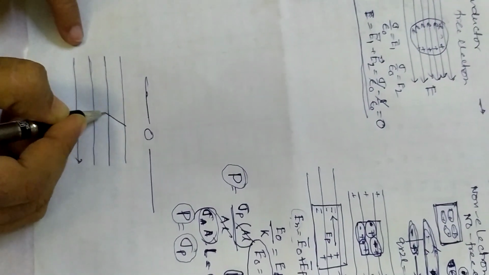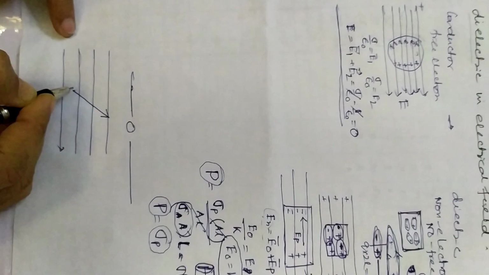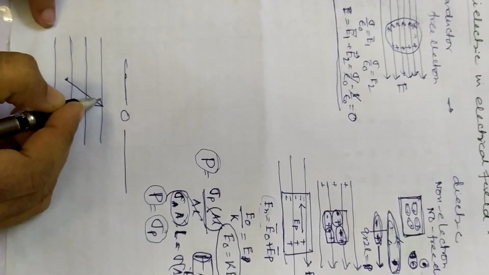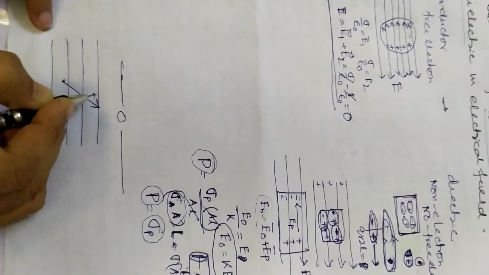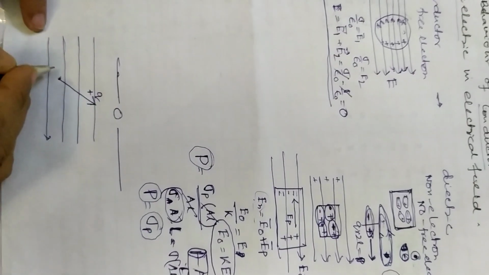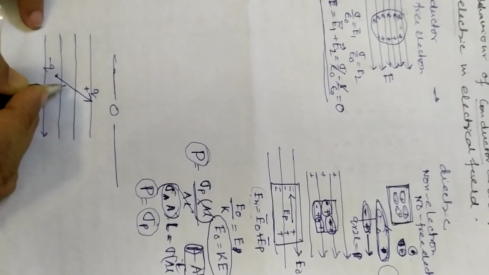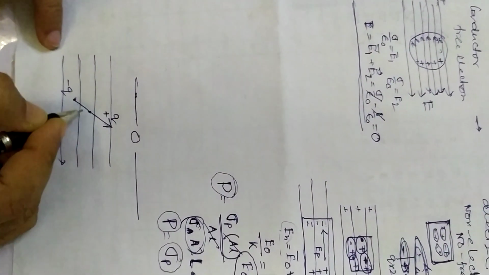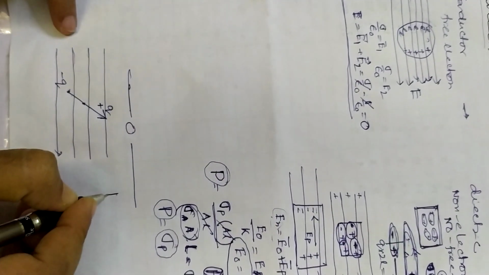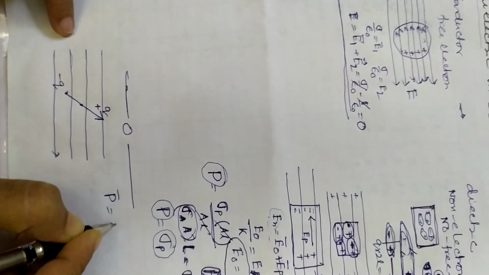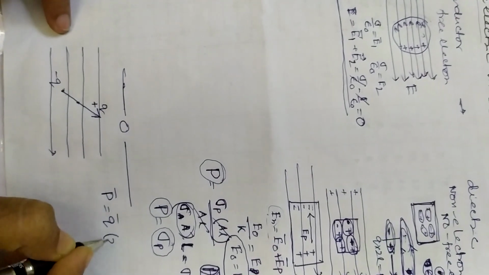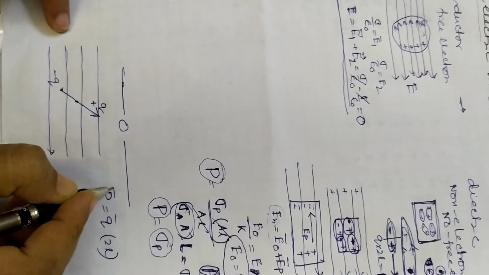This is the positive side of the charge, so it is plus q charge here and minus q charge here, and here we are taking the length as 2l. So what is the dipole moment P? P equals charge q into 2l.